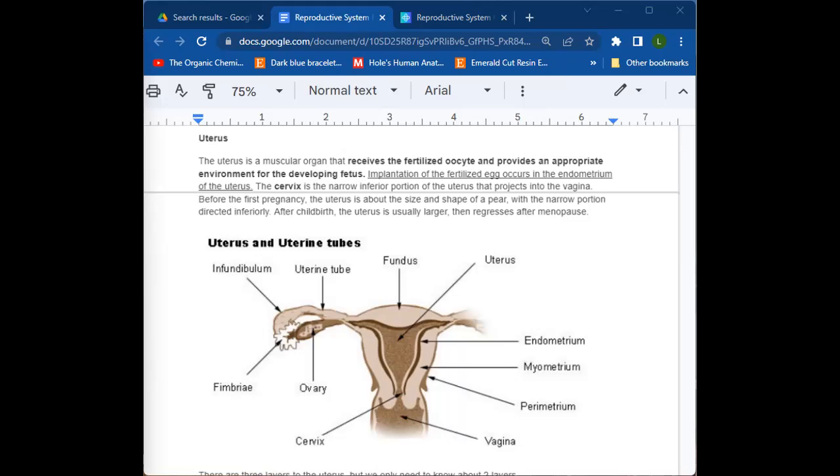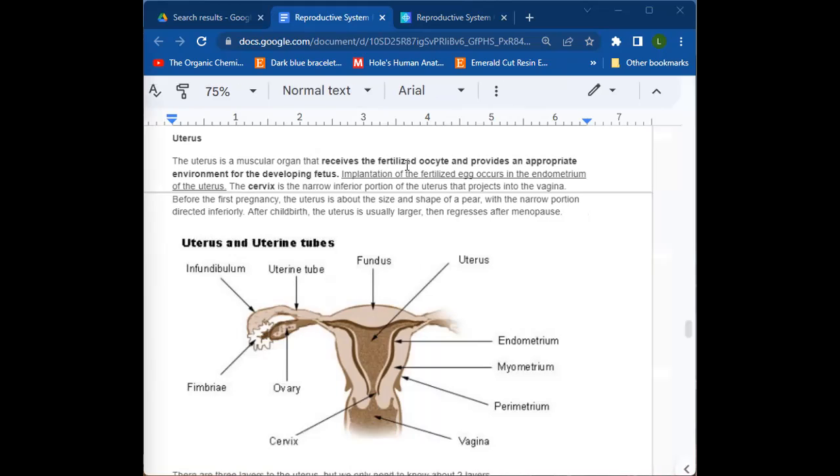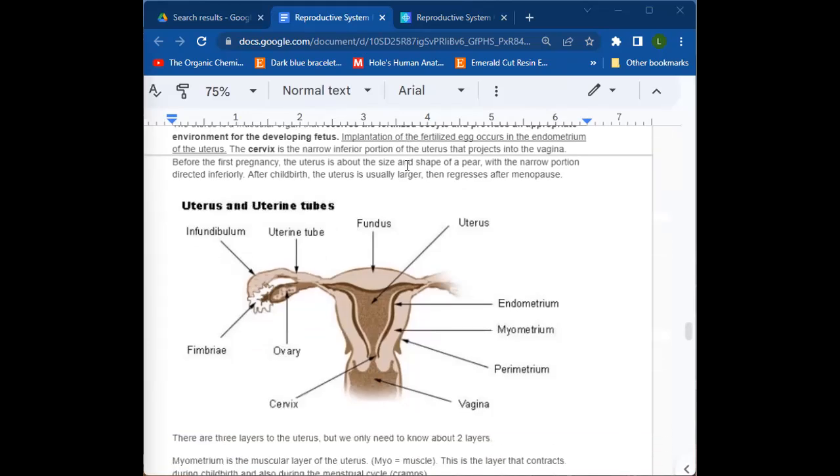So implantation of the fertilized egg occurs in the endometrium of the uterus. And then the narrow tip of the uterus that connects to the vagina is the cervix. So this is the cervix down here. It's just the connection between the uterus and the vagina.